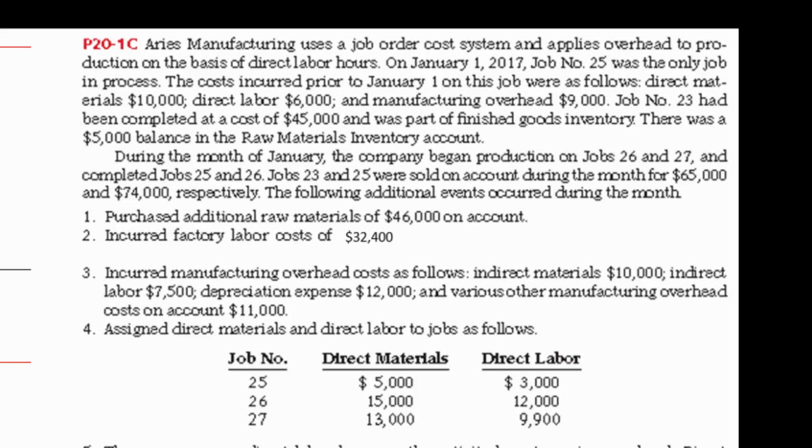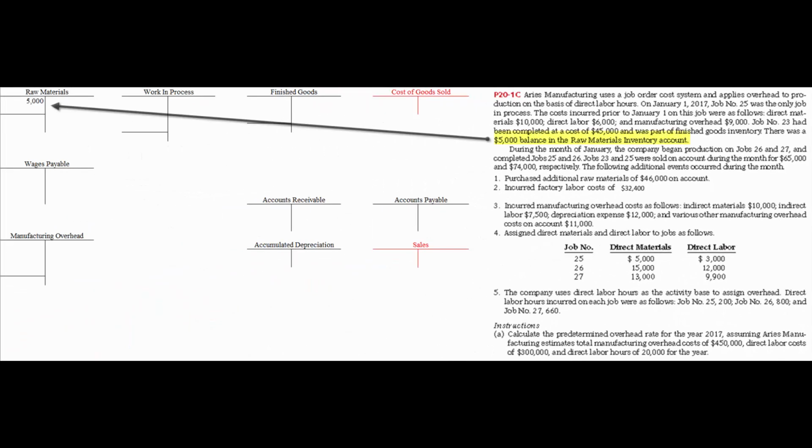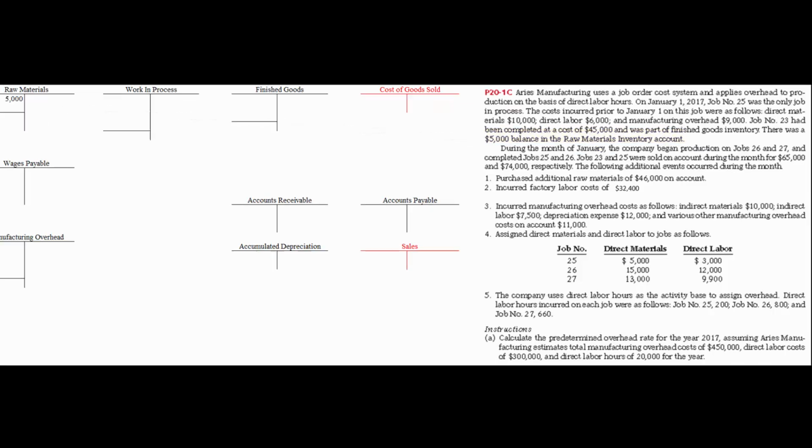This problem is about the month of January and 4 jobs at Aries Manufacturing. It tells us that at the beginning of the month there's a $5,000 balance in raw materials inventory. That's the wood, the metal, whatever it is that's sitting in the raw materials area that Ralph is in charge of.